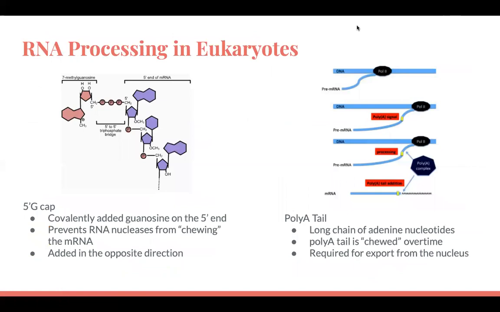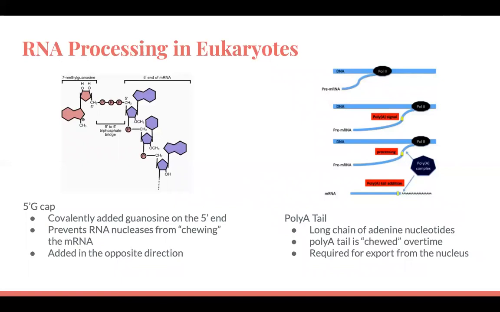Okay, and then RNA processing in eukaryotes, there's the 5' cap, which is a covalently added guanosine nucleotide on the 5' end that's added in the opposite direction. This prevents the nucleases from chewing or degrading the mRNA. And then there's the poly-A tail, which is just a long chain of adenine nucleotides added to the end of the mRNA.